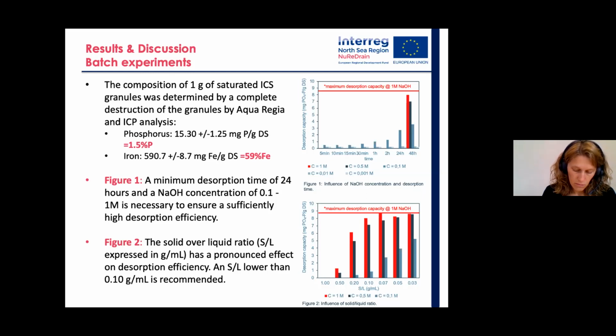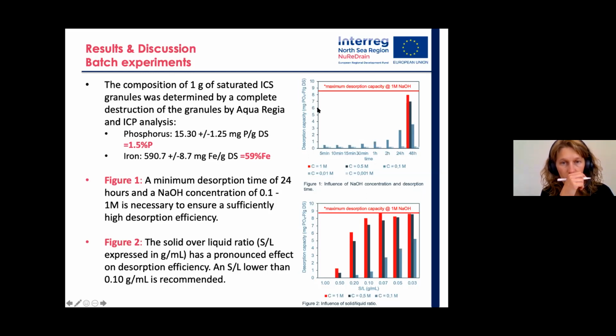Good. The results of the batch tests. We have the first figure here, this one. And in this first figure, we see on the x-axis the desorption time, and then how much phosphorus is desorbed from 1 gram of dry solids.